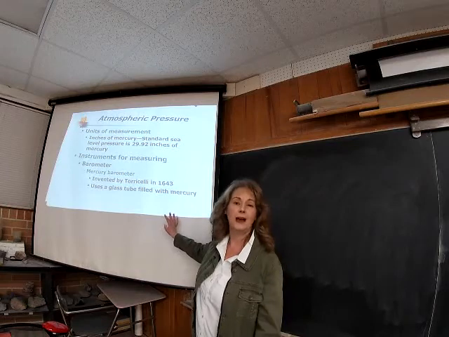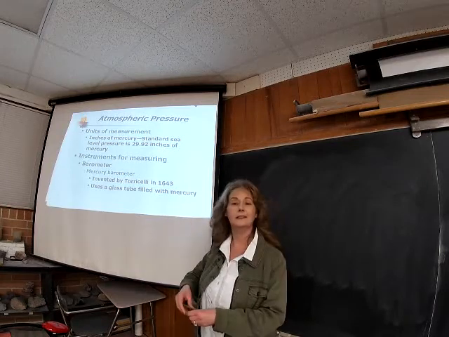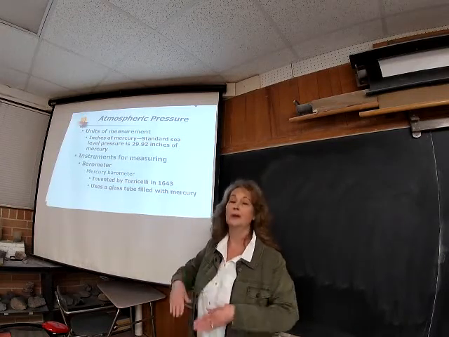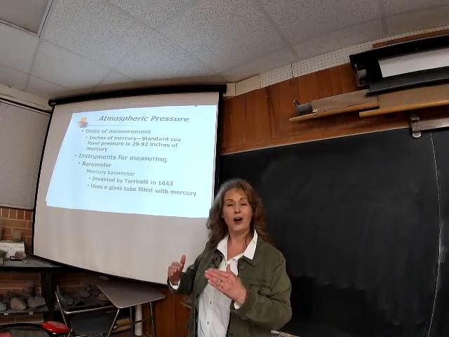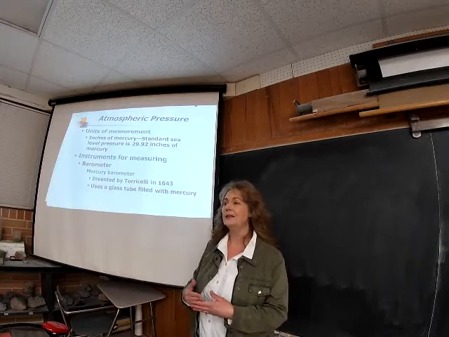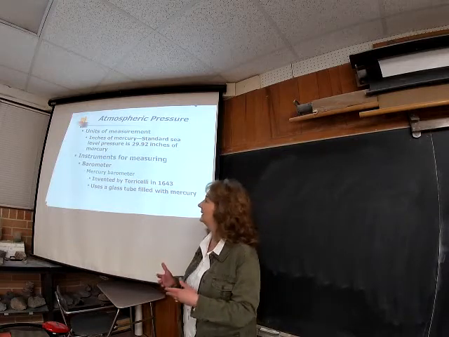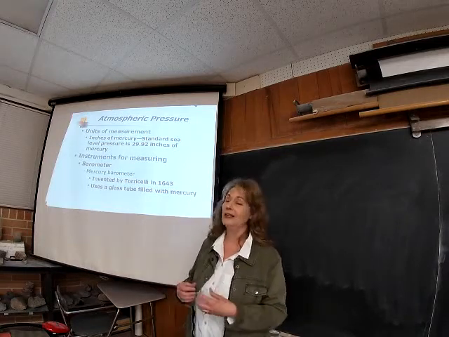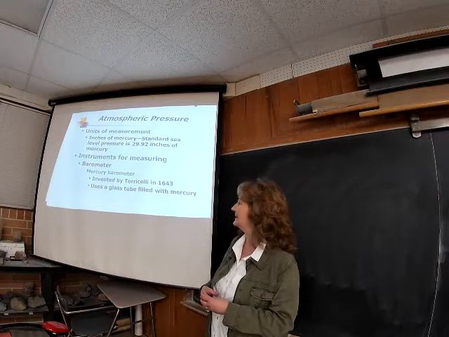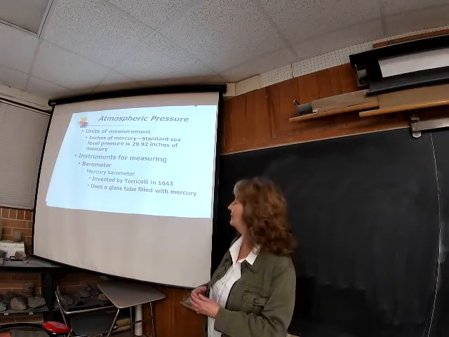The chemistry lab uses this. It's a glass tube where the mercury will rise and fall depending on the air pressure. You'll see it in inches of mercury, or centimeters of mercury as well.